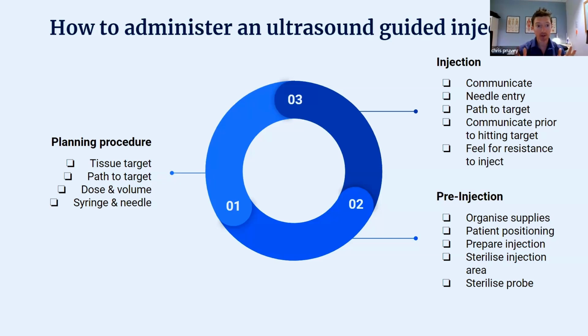So what's the path to the target? Then what am I going to inject? What's the dose and volume, if it's corticosteroid and local anesthetic? And then which syringe and needle to use.